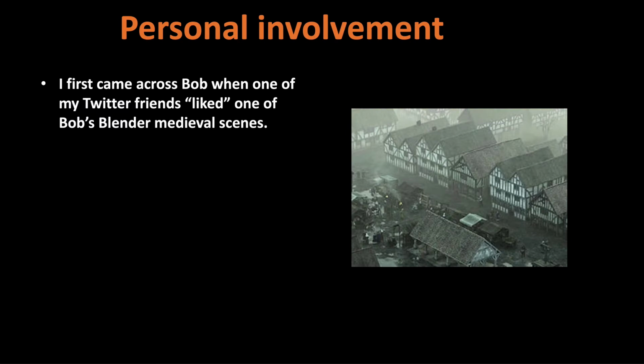I first came across Bob when I was looking for inspiration, if you like. And in fact, the first battle of the Wars of the Roses took place in St Albans, and I came across this picture that Bob had done, and it melded so well with what I was trying to achieve that I was kind of hooked, and I've been in awe of Bob and his work ever since then.